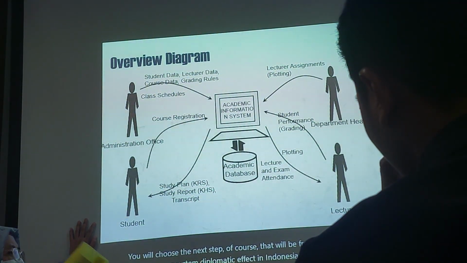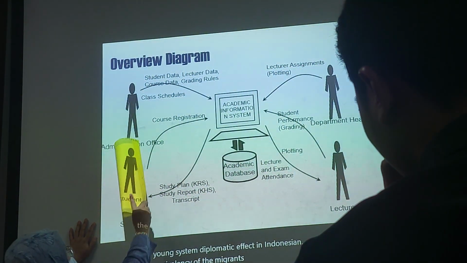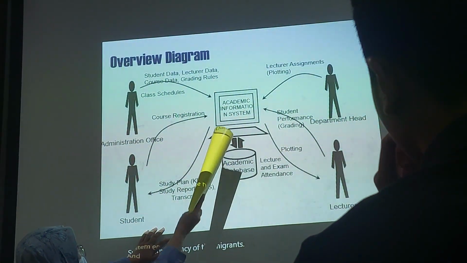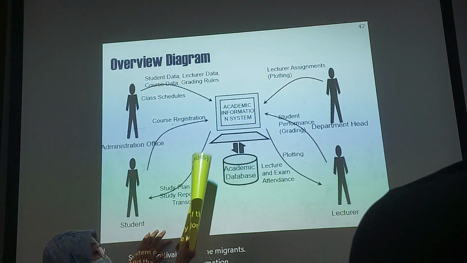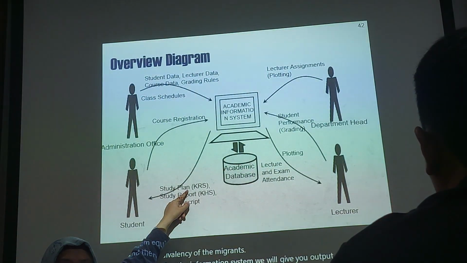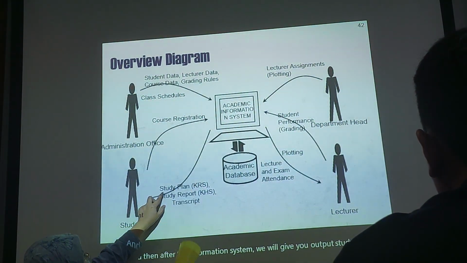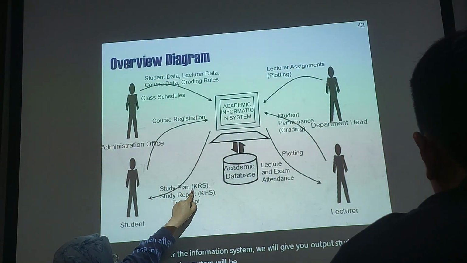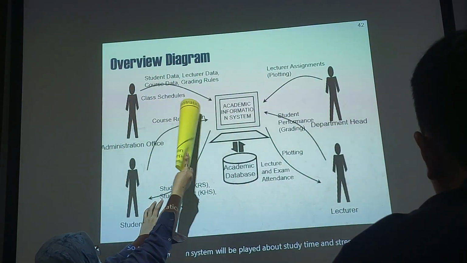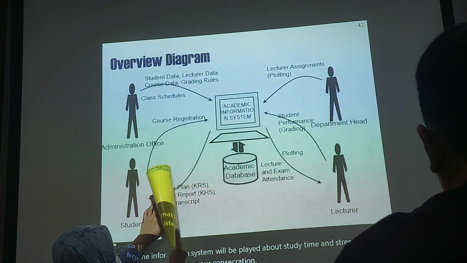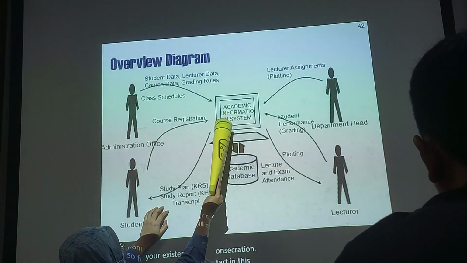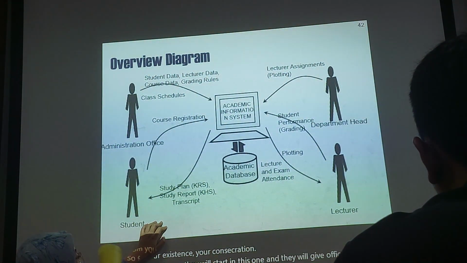Then you register, and the academic information system will give you output about the study plan. The information system will print the study plan or KRS from your course registration. It is stored, and then it gives the study plan as output.